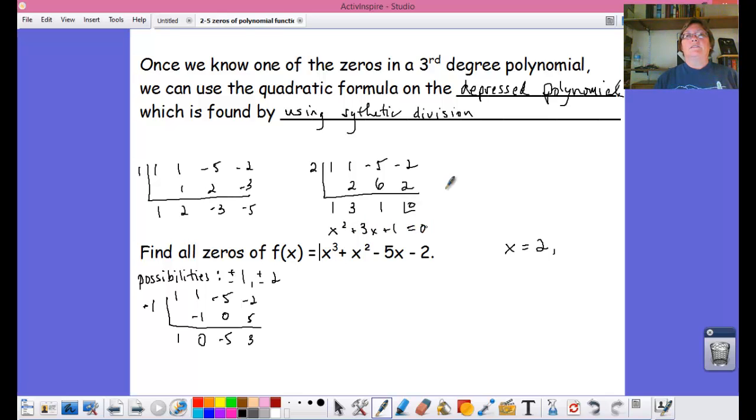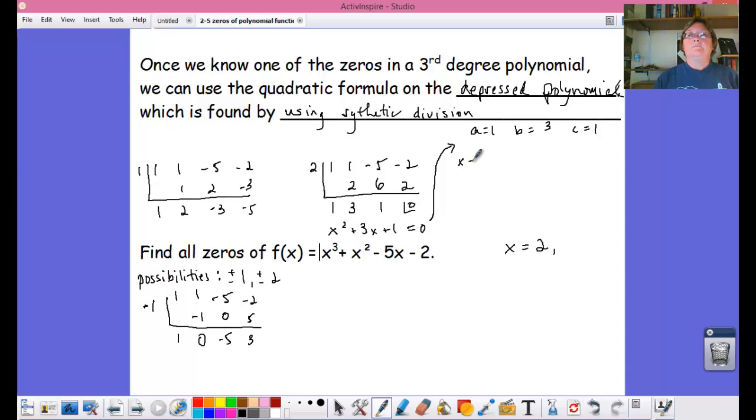Folks, that does not factor. We're going to have to use the quadratic formula here. Yeah, because you can't multiply to make 1 and add to make 3. That's not possible. So our A is 1, B is 3, C is 1, and let's see.